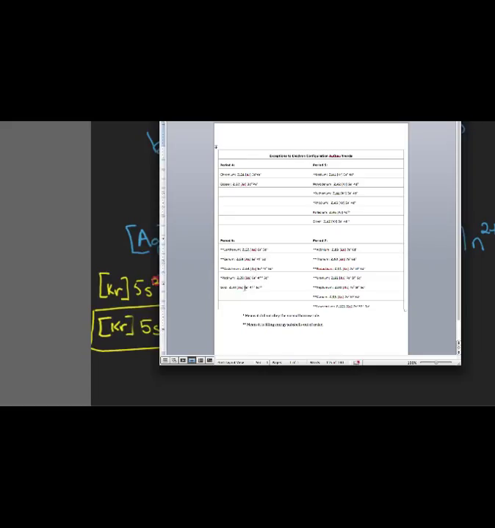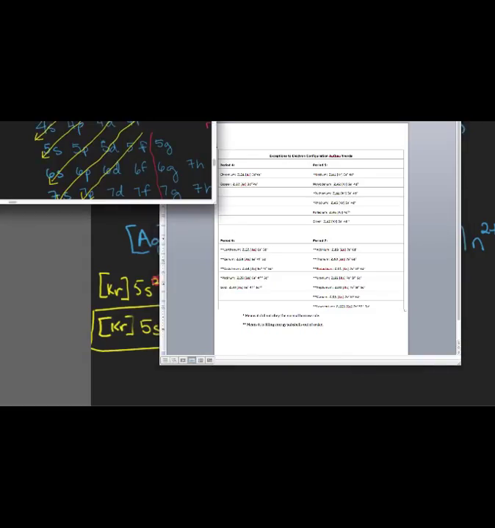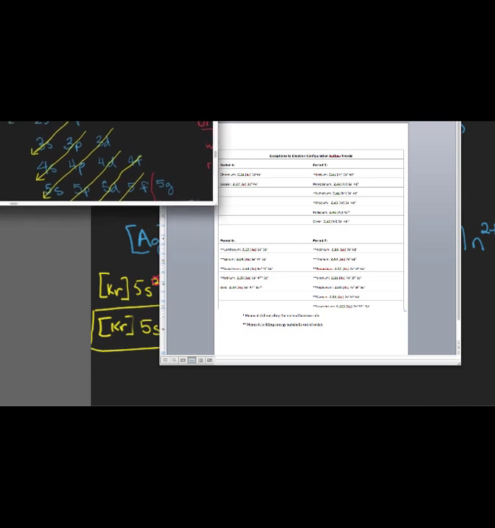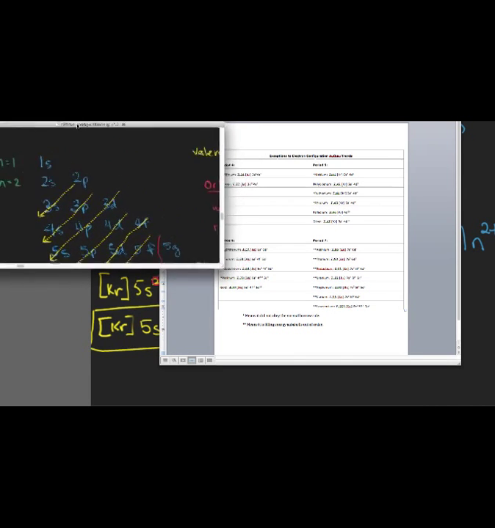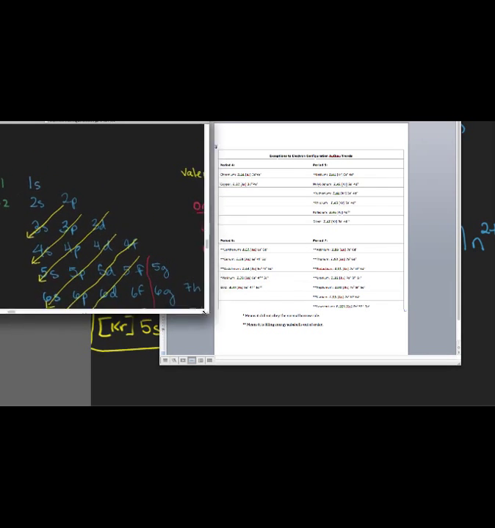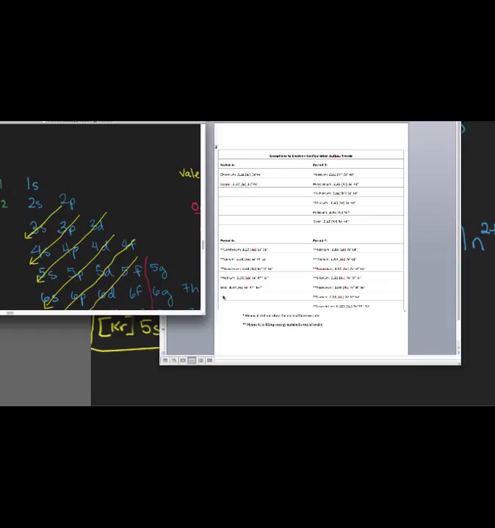Then we look at the exceptions to Aufbau in general, in which they don't follow the trend that you should be used to now in your filling of these orbitals. If they don't fill according to this diagonalization trend, then they've got 2 stars by them. So let's look at platinum here.